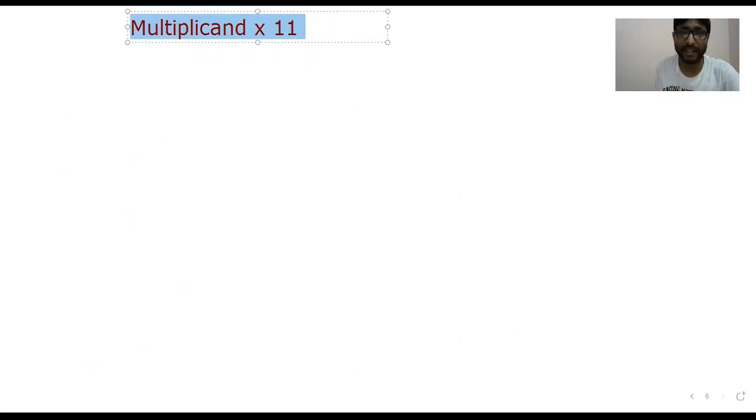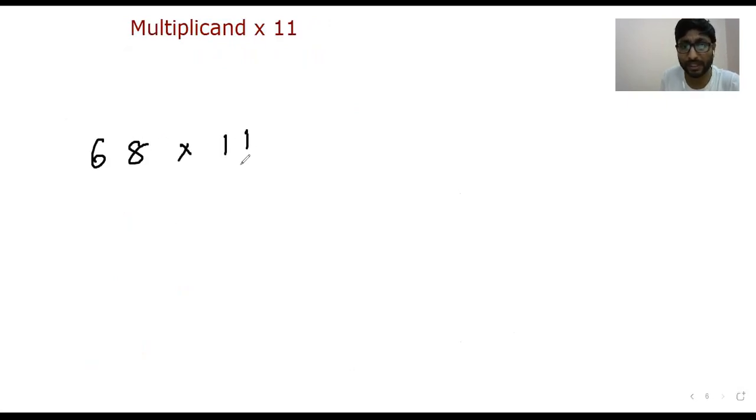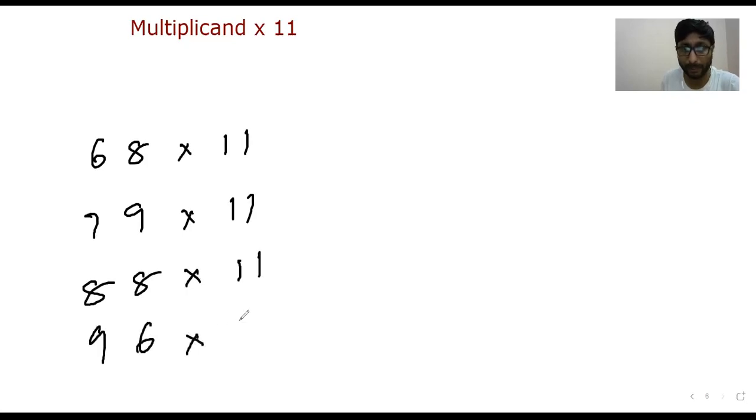How about 68 multiply with 11, 79 multiply with 11, 88 multiply with 11, 96 multiply with 11? The procedure here is 6 and 8. 6 plus 8, 14.